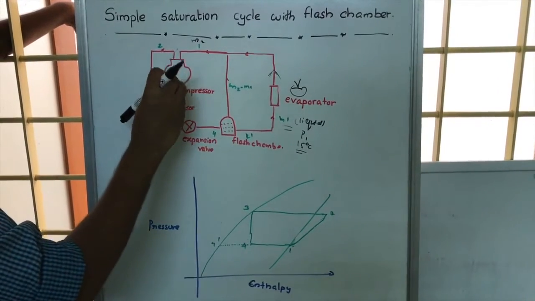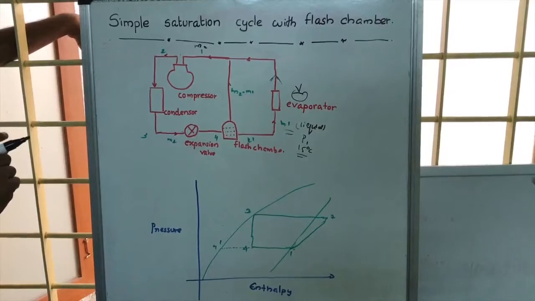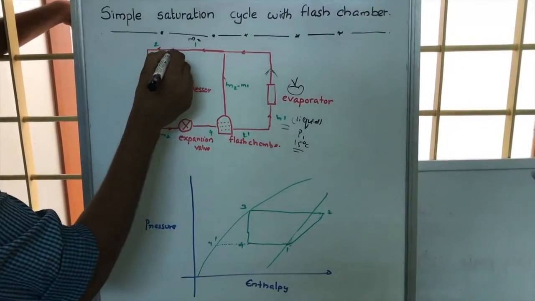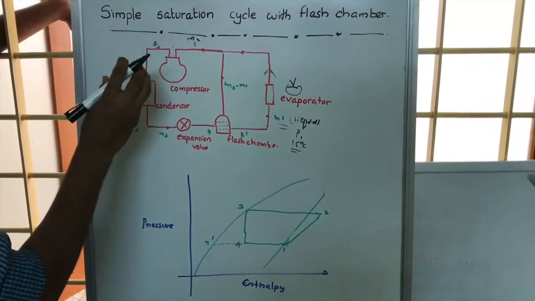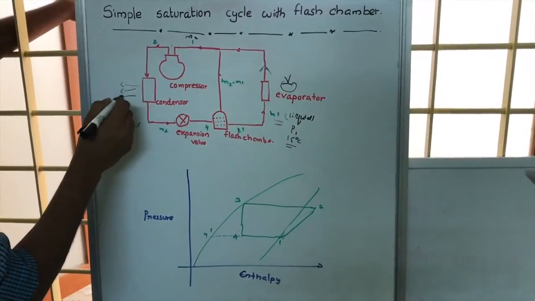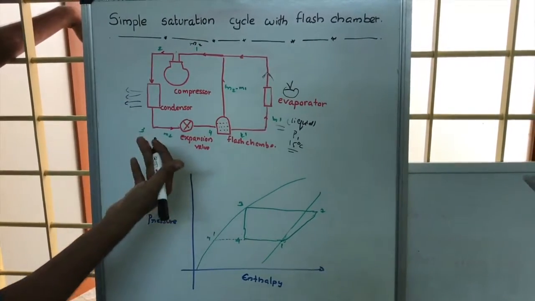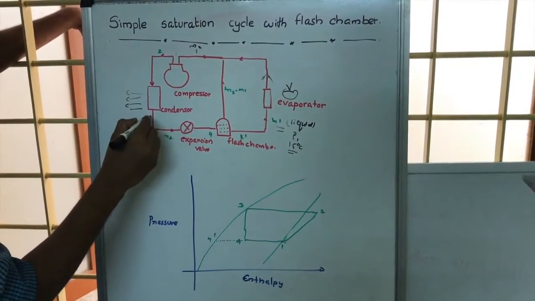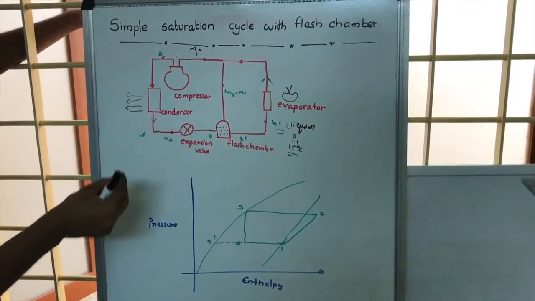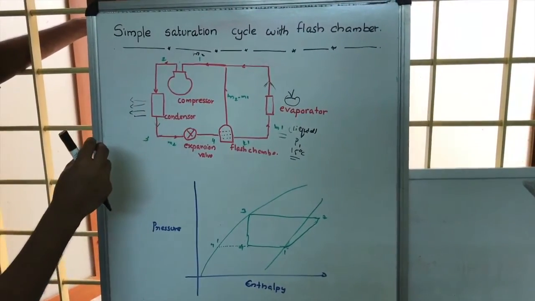So pressure and temperature will be increased here. Then it is passed through a condenser. The part coming here is now in vapor form. In the condenser, it gives out heat, and the vapor changes into liquid. After condensation, we get liquid, and the liquid passes through the expansion valve.